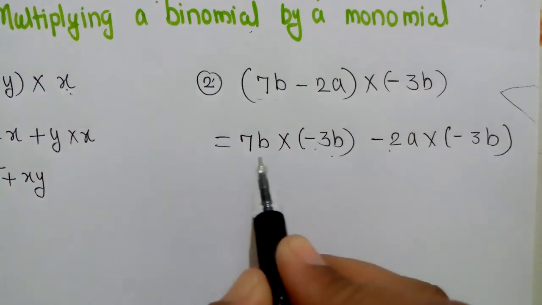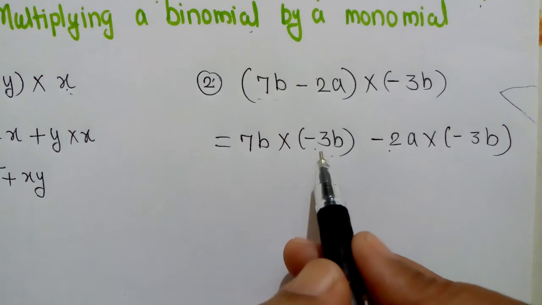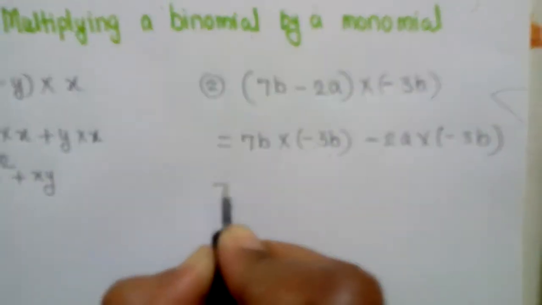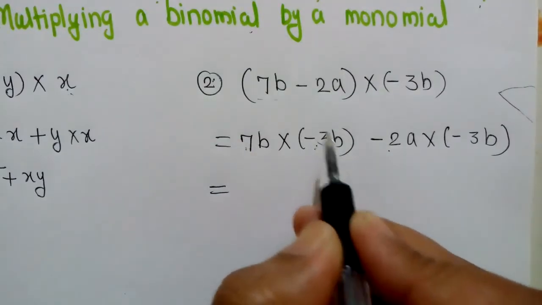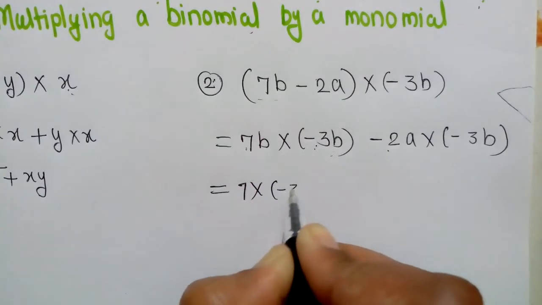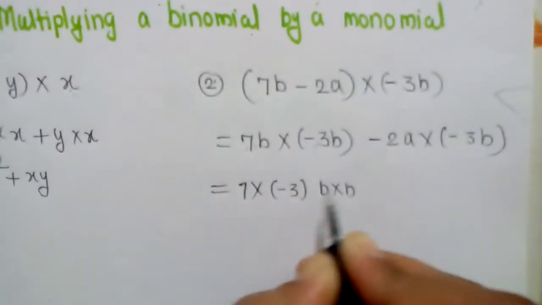First we have to multiply coefficients, as we have seen how to multiply monomial to monomial, one term to one term. Now here coefficients are 7 and negative 3. First we will multiply that. So 7 into negative 3, and here it will be b into b.